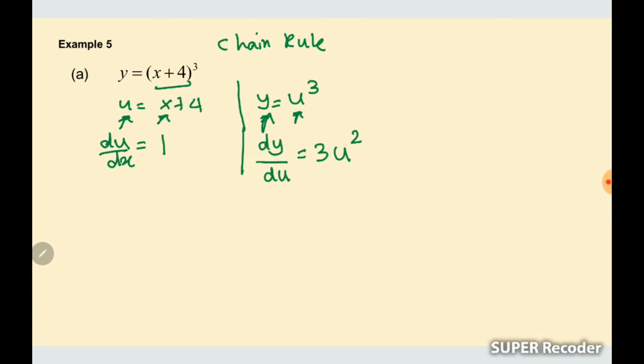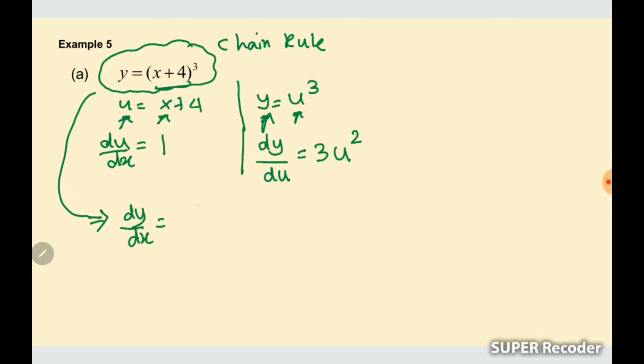So now we want to find out what is dy/dx. As usual, we want to find the derivative of this function with respect to x, meaning dy/dx. dy/dx is equal to dy/du, you have to multiply with du/dx.